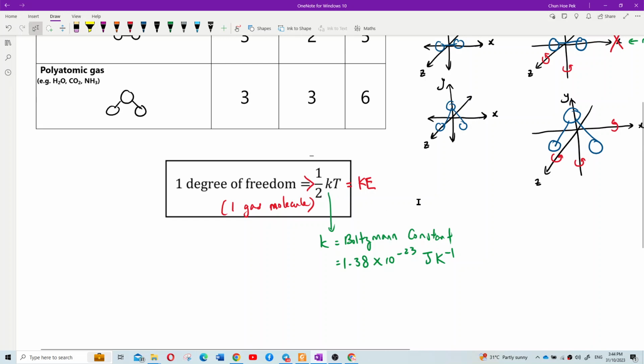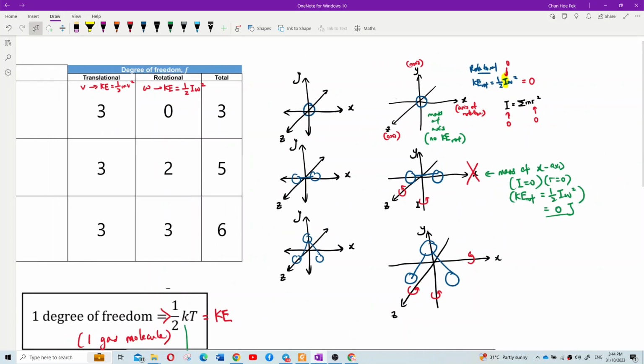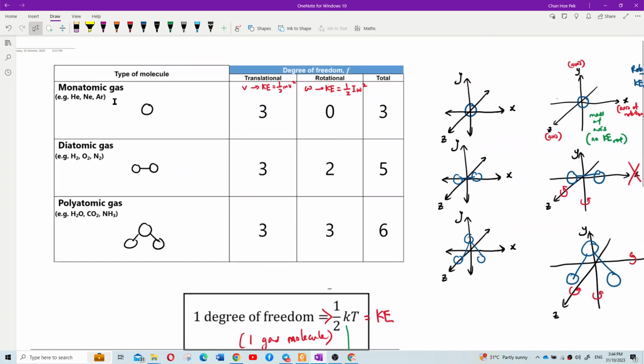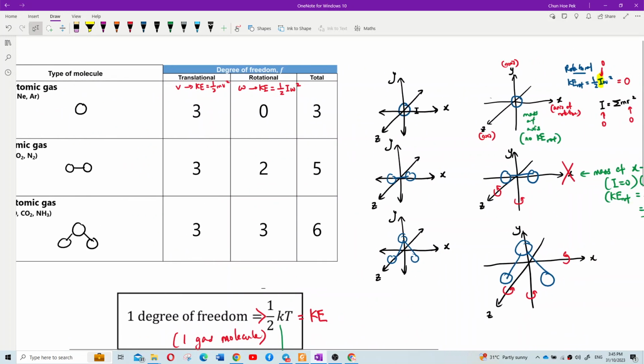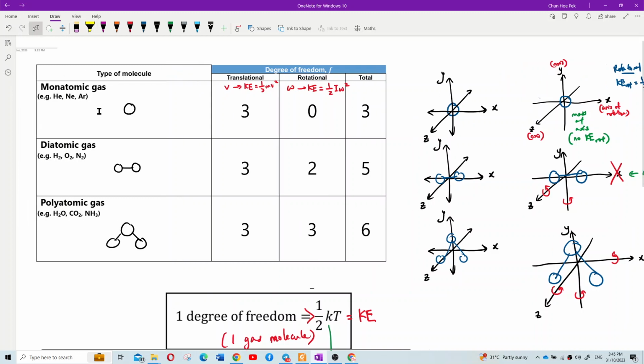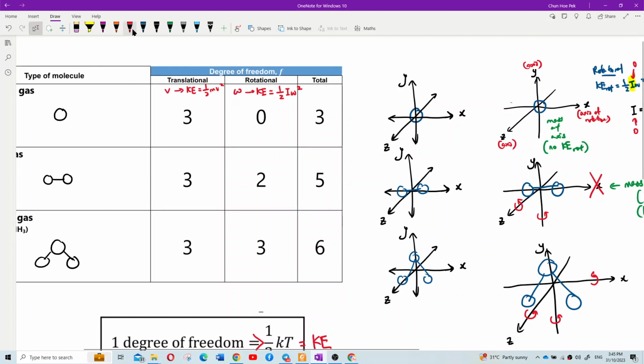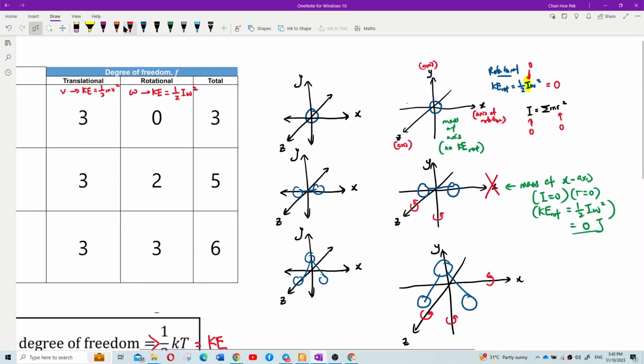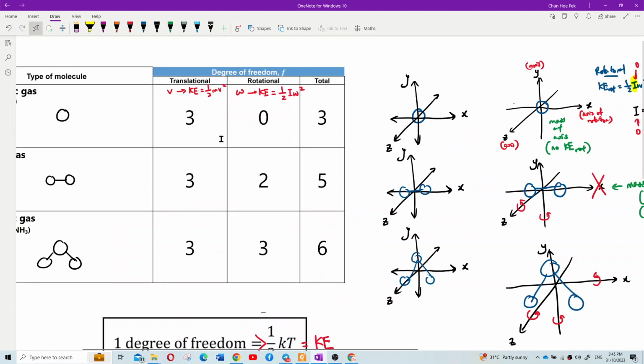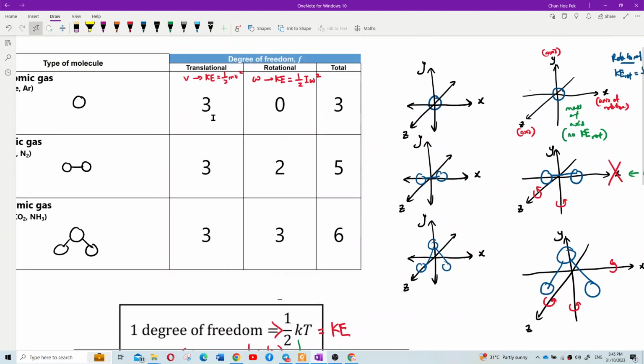That's the formula. So now let's say monoatomic gas. How much energy for 1 molecule of monoatomic? How to calculate, class? Very simple. For X, Y, Z, it has 3 degrees of freedom.